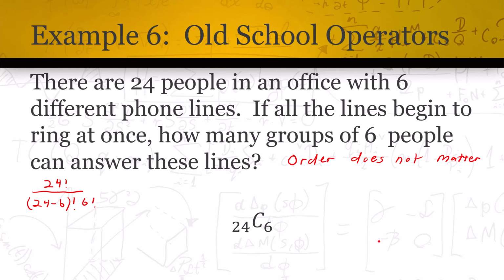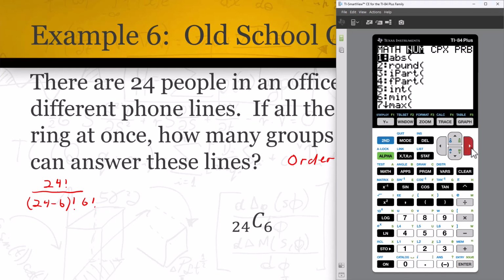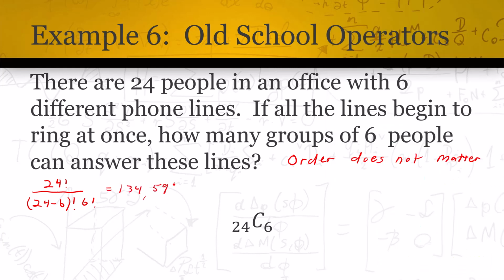Okay, so that would be a little daunting to do by hand, but that's cool. That's why you've got computer calculators, right? Here we go. So what we're going to do is type in 24, math, over to probability, go down to nCr, type in 6, and that is our answer, 134,596.